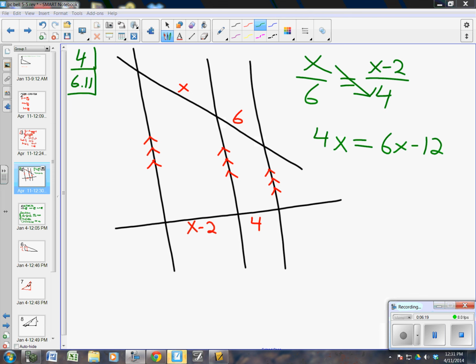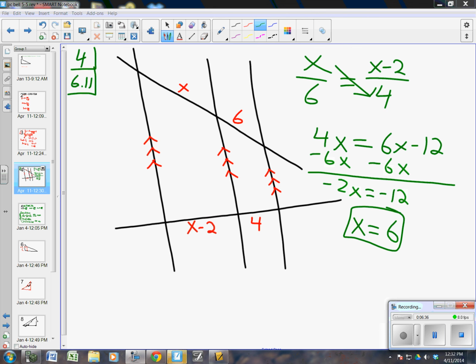To solve this equation, I subtract 6x from both sides. I get negative 2x equals negative 12. So divide by negative 2, and I get x equals 6. So we're saying that this right here is 6, and 6 minus 2 is 4. We're saying this is 4.